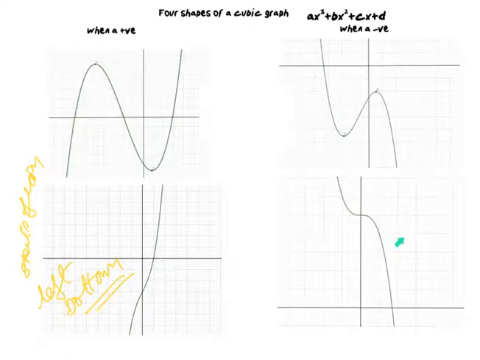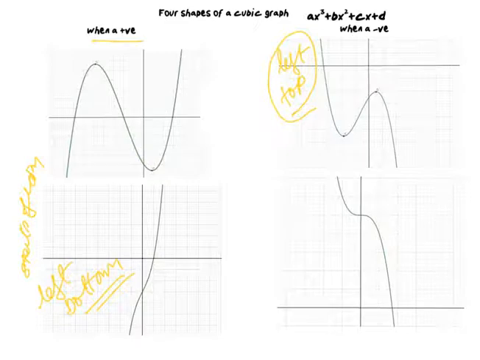Now this is the shape of another when a is negative, again starting from left top. This cubic graph has equal turning points. So my starting point is left top when a is negative. When a is positive, I start from left bottom.